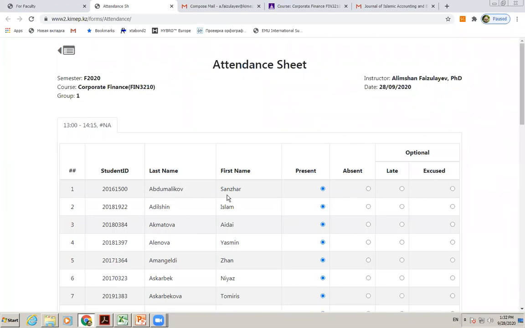Okay, Sanjar is here. Yes, I'm here. Okay, Islam. I'm here. The best thing is to just type it. If you're here, type it in chat. Aiday. I'm here. Just type it.